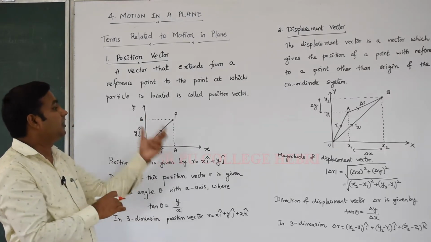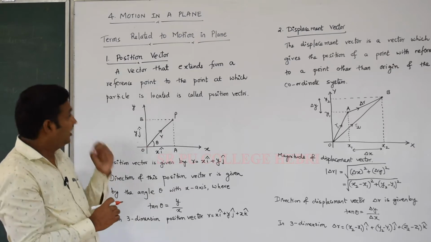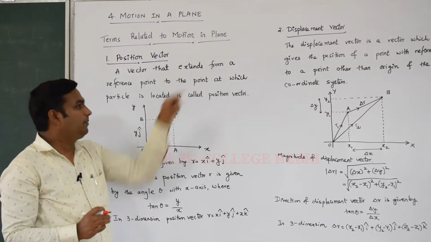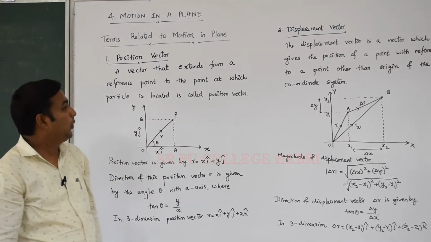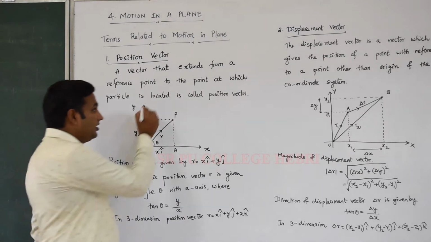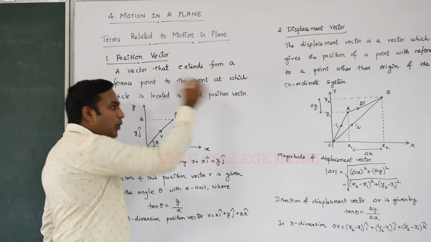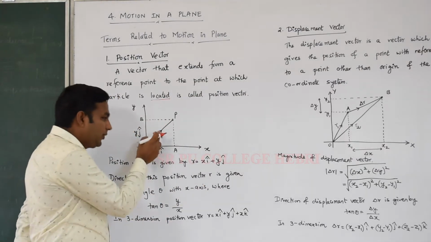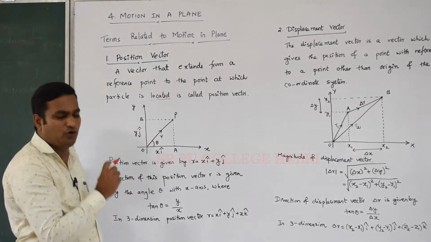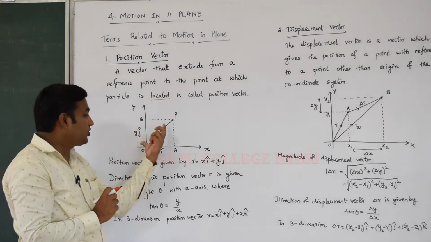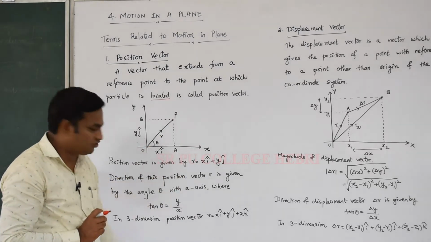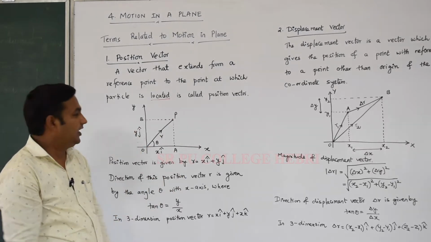Again I repeat, the vector that extends from a reference point to the point at which the particle is located is called the position vector. Here OP represents the position vector. Position vector is denoted by the small letter r. Here that position vector OP or r makes an angle theta from the x-axis, in an xy plane.